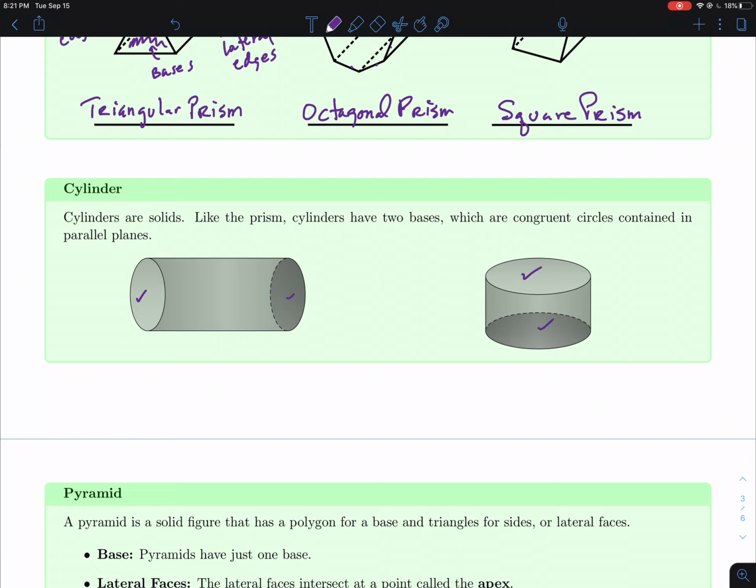And again, they're contained in parallel planes, but these are not polyhedra, because there's no polygons anywhere in this. Even the sides are rounded. So there's no polygons at all formed in making these cylinders. So cylinders are not an example of a polyhedron in this case.